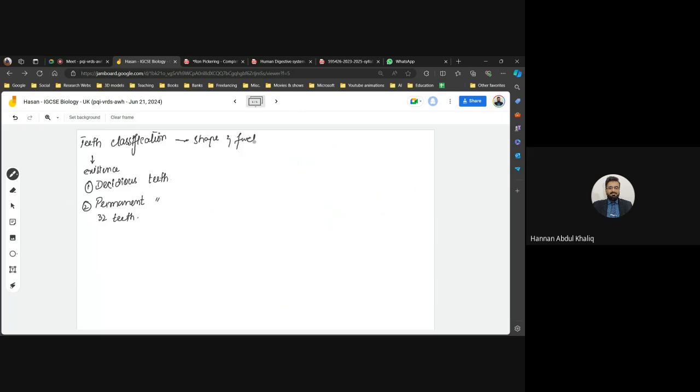In this classification, we give the names to the teeth that I have told you previously, incisors, canines. And remember that our jaw appears like this. Let me make it just roughly.